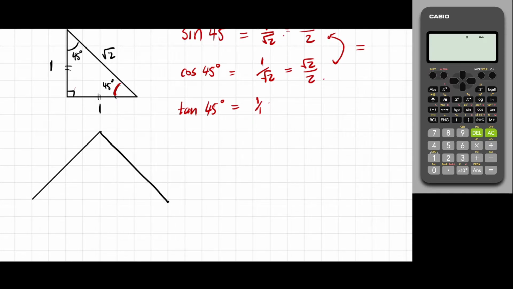Now, you might be saying, well, sir, an equilateral triangle doesn't have a right angle in it, so we can't actually do Pythagoras' theorem on it.